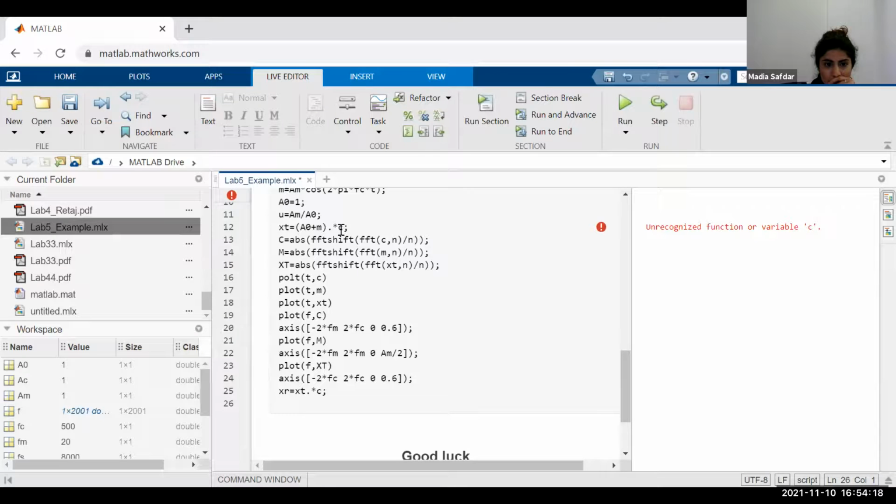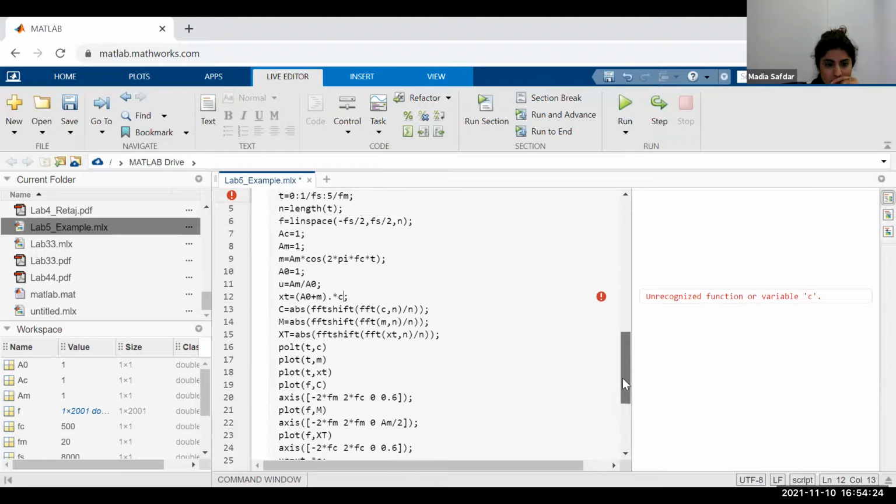Okay, so go up. You missed C from here. You didn't define the carrier. Here, define the carrier also. Okay, I will fix it. Carrier is equal to AC, or A naught into cosine of 2 pi F. This should be FM.